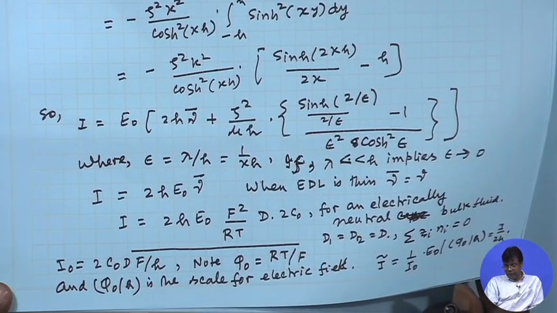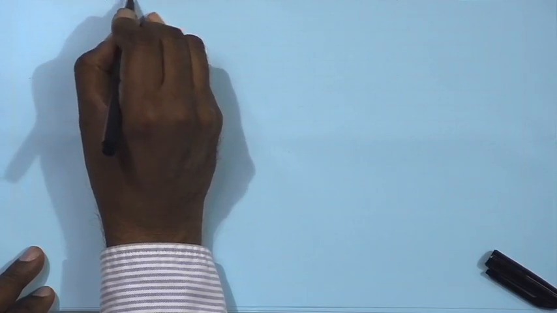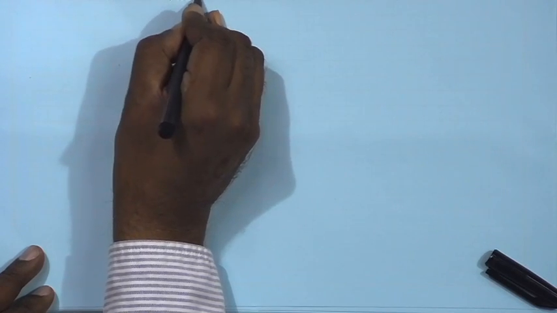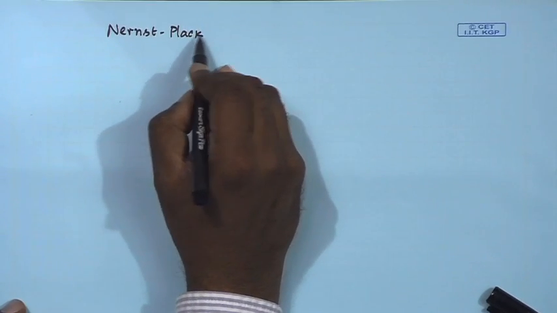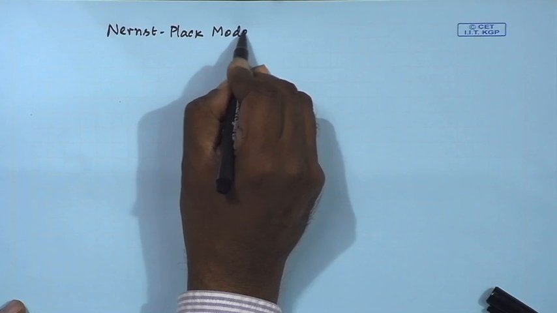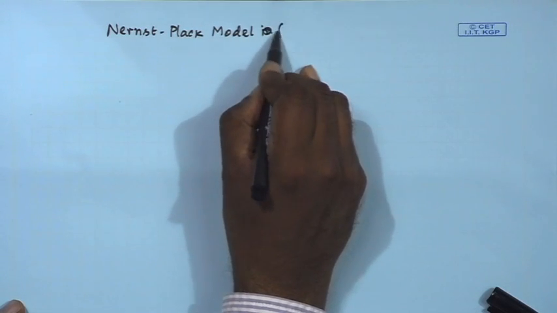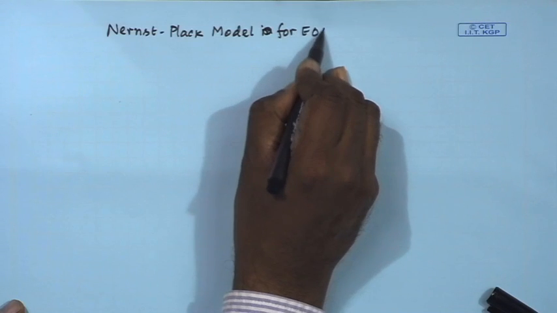The Poisson-Boltzmann equation will not appear. So our next topic is to construct the Nernst-Planck model for EOF in a slit channel.